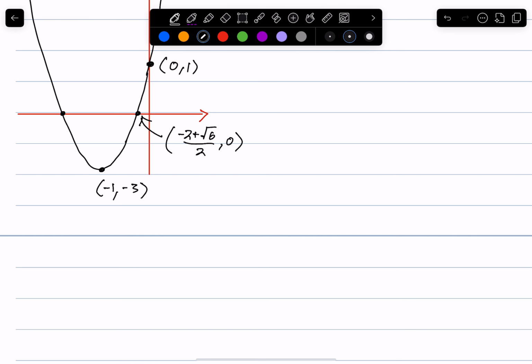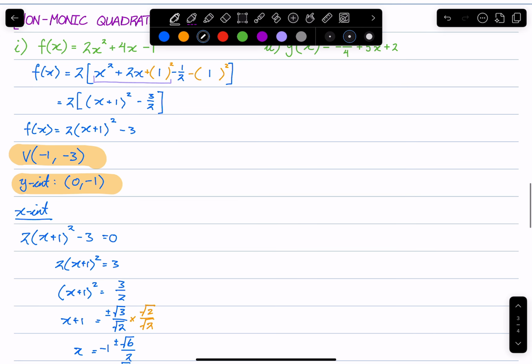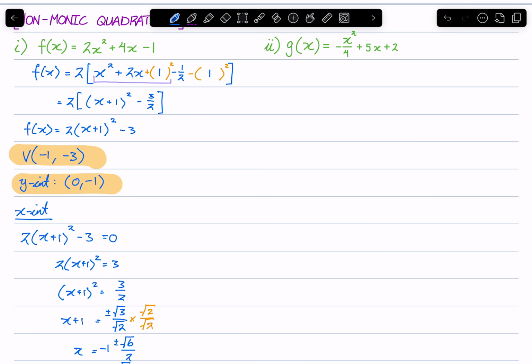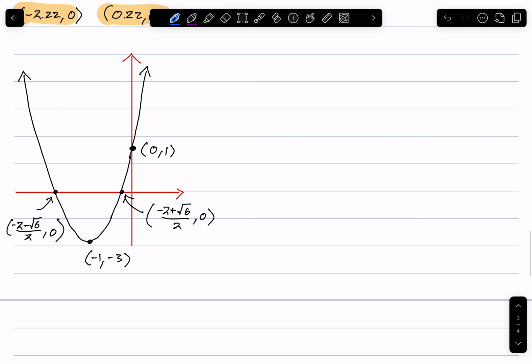And this point here is going to be negative 2 minus root 6 on 2, 0. Let's clean up that number 6 there. And that there is how you would complete the square and use that form in order to sketch the parabola.